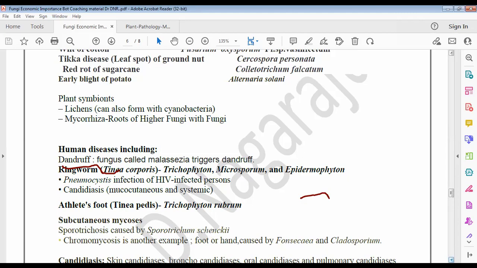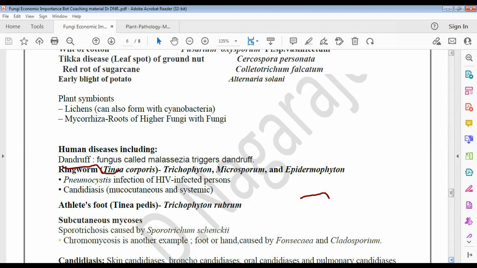You have to use your own comb. Don't comb with others' comb. That causes dandruff on your head. It totally eats your hair. That is Microsporum or Malassezia. Microsporum fungi cause the dandruff.